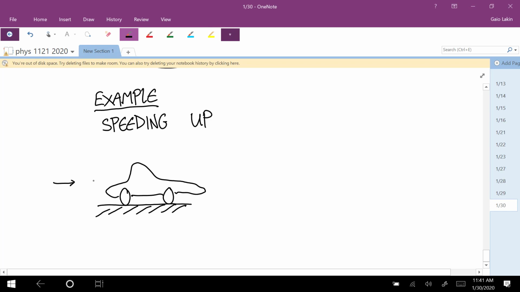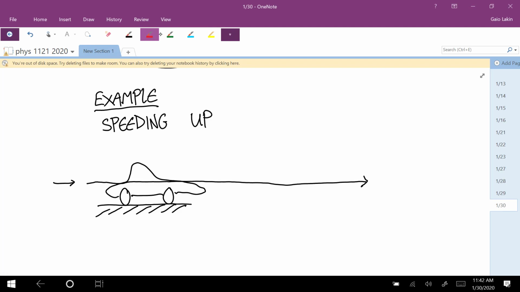So the path of the center of mass of the car would be like that. Okay. Let's figure out the directions, the velocity and acceleration. So in this case, at this point, the velocity is tangent to the path, which for a straight line is just straight along the path.